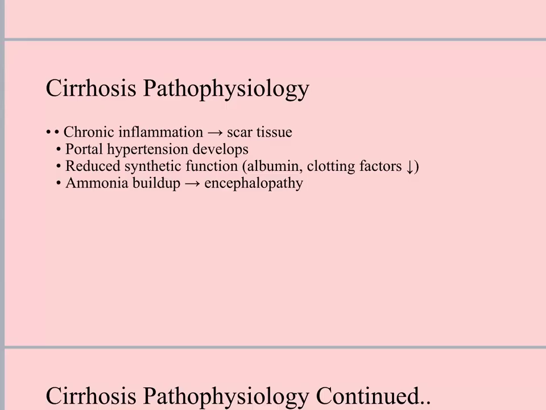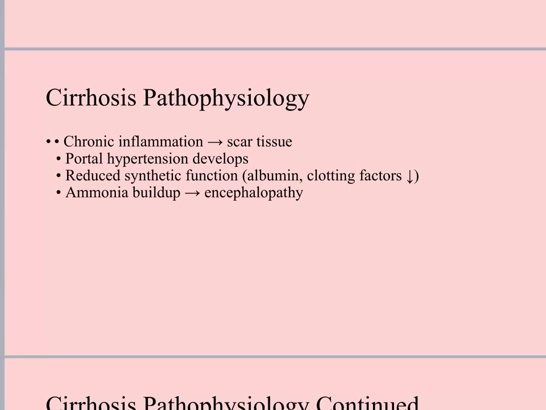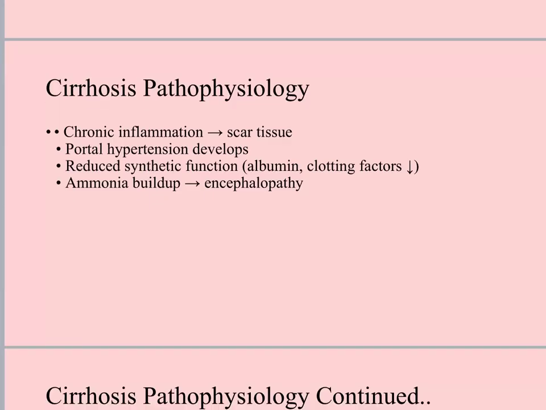The normal pressure in the portal system is about 5 to 10 millimeters of mercury. I'm not going to ask a question about those specific numbers, just to put it in perspective. In cirrhosis, we have structural changes due to fibrosis, and those little sinusoids where the blood usually flows really easily get compressed.